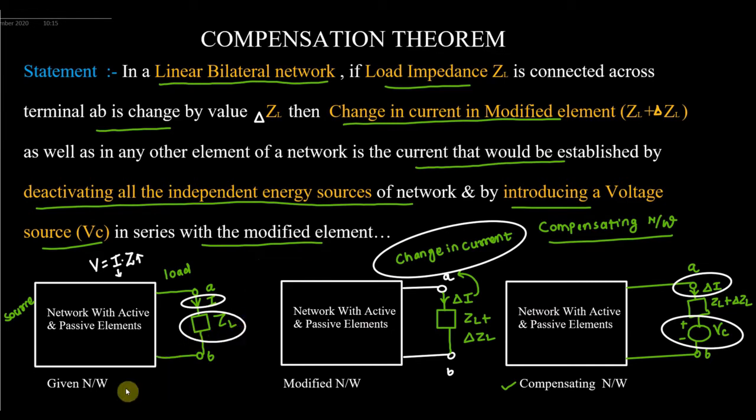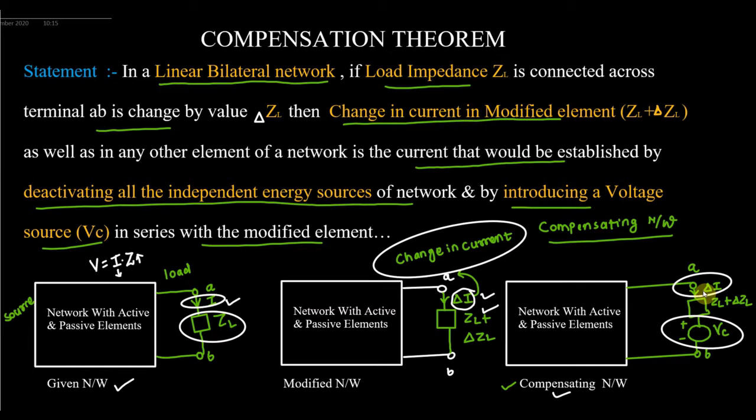So you can see that if the given network is like this, you have changed the value ZL to ZL plus delta ZL. So definitely there is a change in this current I, that is delta I. So how do you find this delta I? This delta I is found by drawing the compensating network, and then you get the change in current. Right? So this is the basic statement of the compensation theorem.